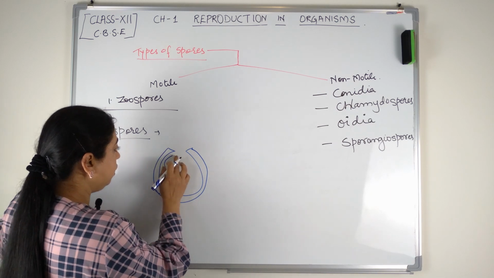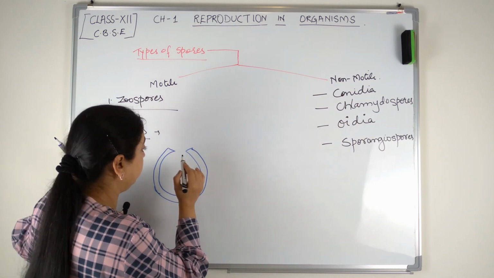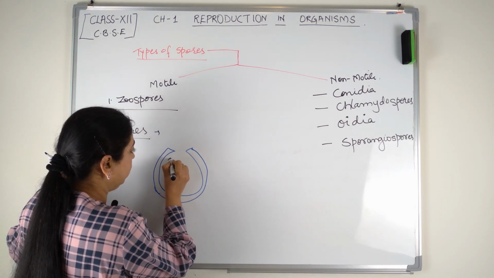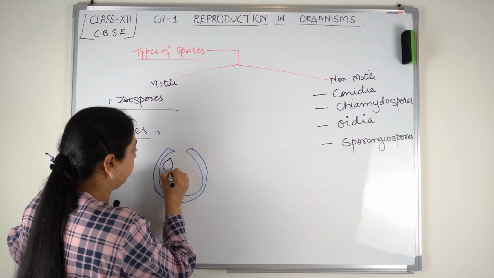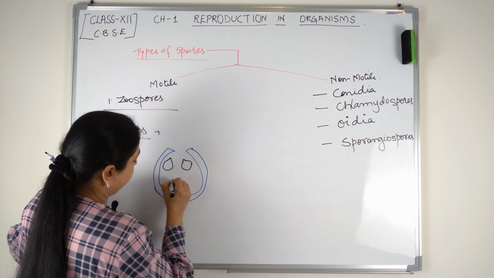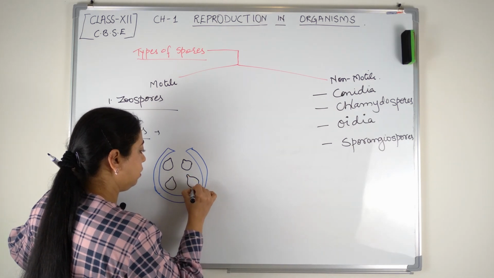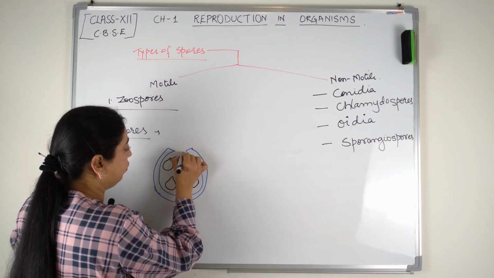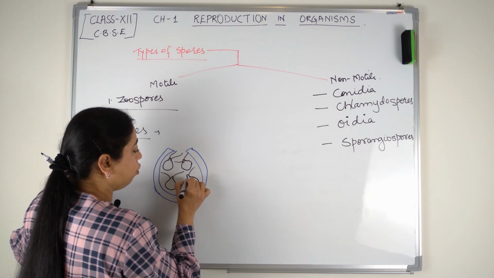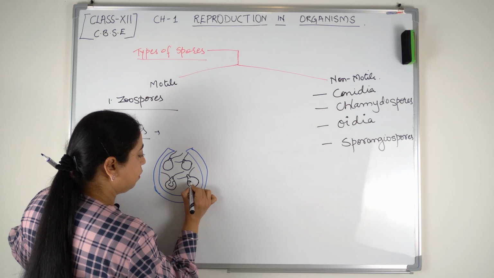So inside this sac-like structure, a large number of zoospores are present, these structures. They have a pear-shaped body, or somewhat spherical sometimes. Each of them has two flagella. Then there is an additional structure here.